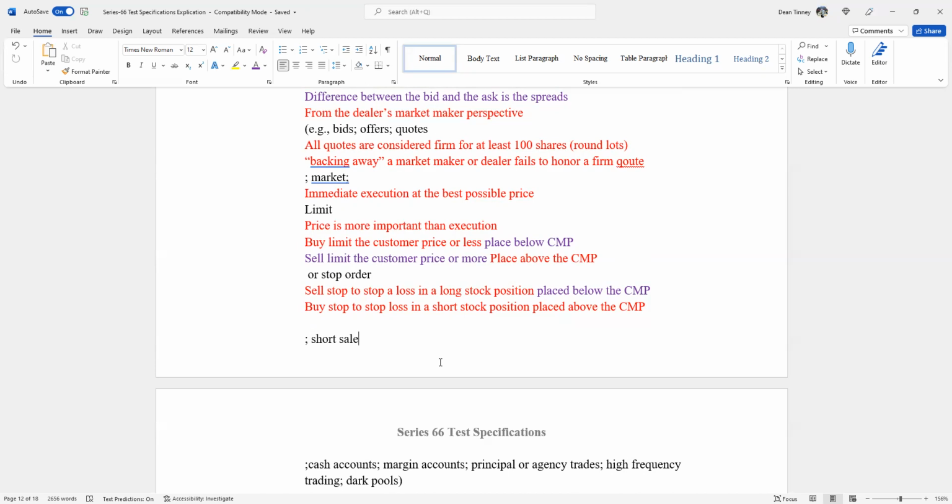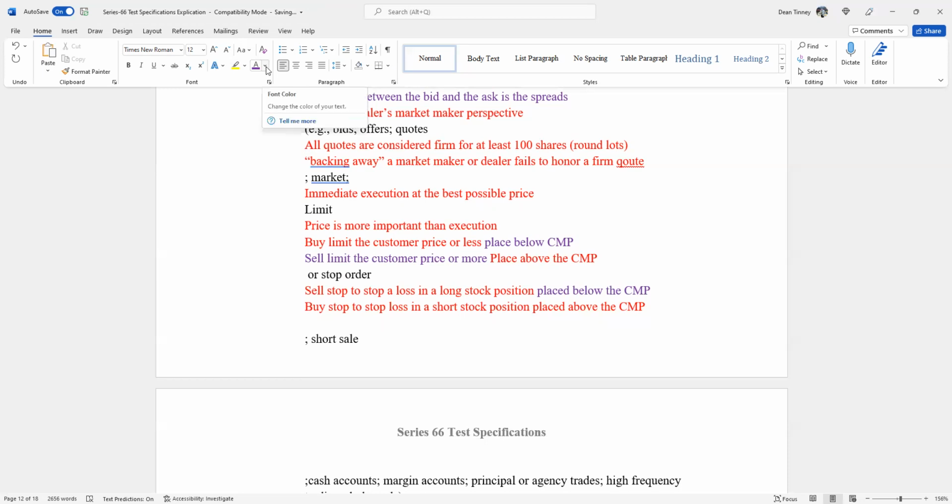And when it's content that is unique to either the 65 or the 66, then I do it separately. So that's why this says 66 test specifications instead of 65, even though it's the exact same stuff. If that's confusing, just leave a comment and I'll make sure I do a better job explaining it.